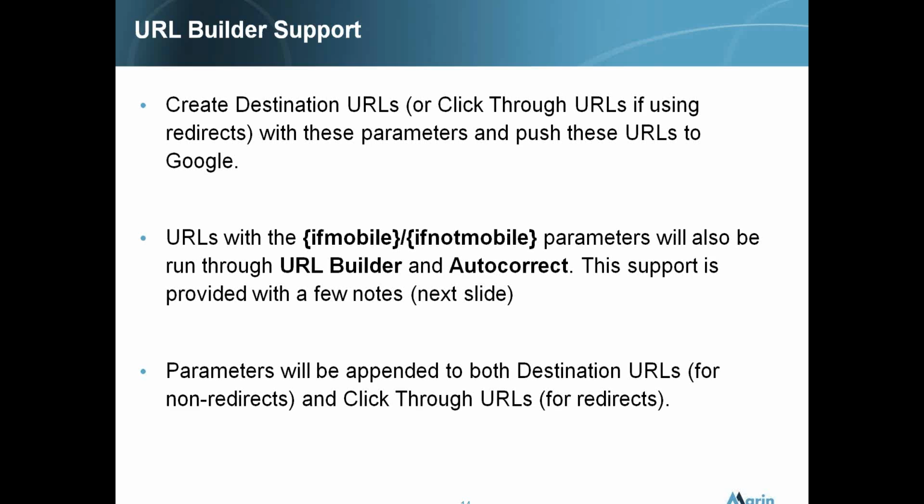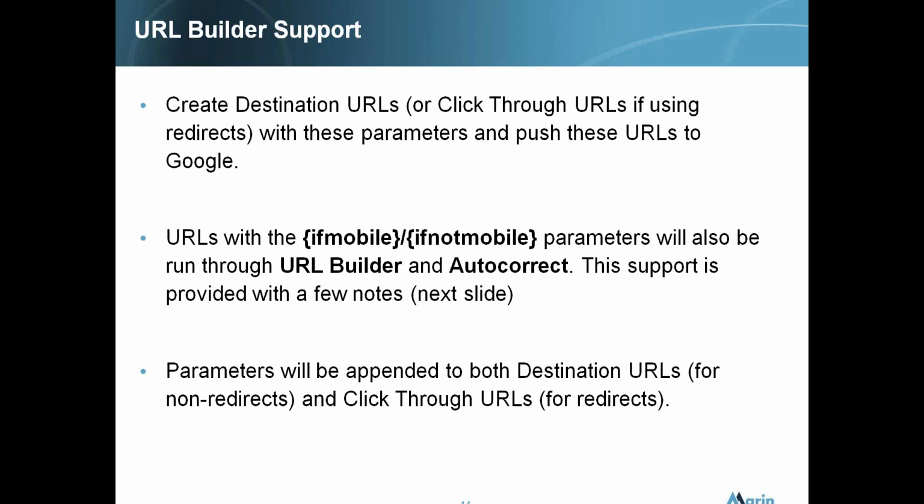And then we'll build the parameters around the URLs with ifmobile, ifnotmobile before pushing them out to Google. So the URLs with this parameter will also run through URL Builder, like I said, and it will also go through autocorrect. There are a few caveats to the support of ifmobile, ifnotmobile when bulk uploading, and we'll go over that in the next slide.